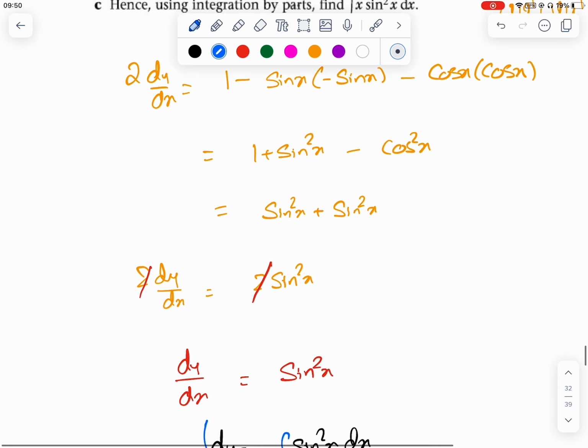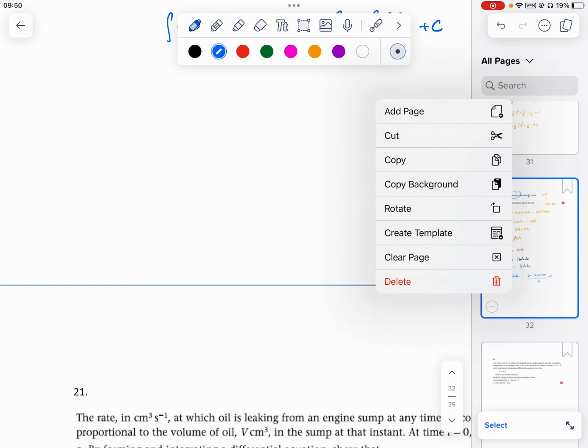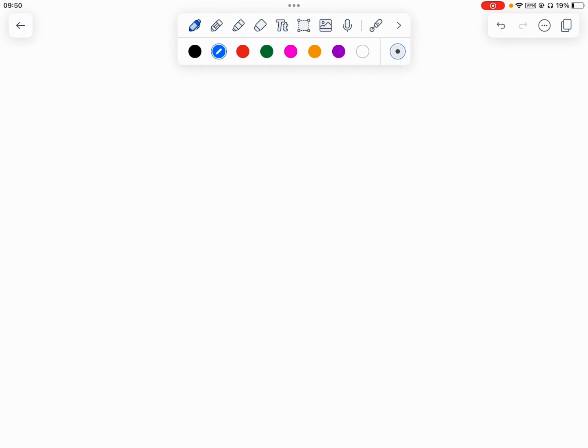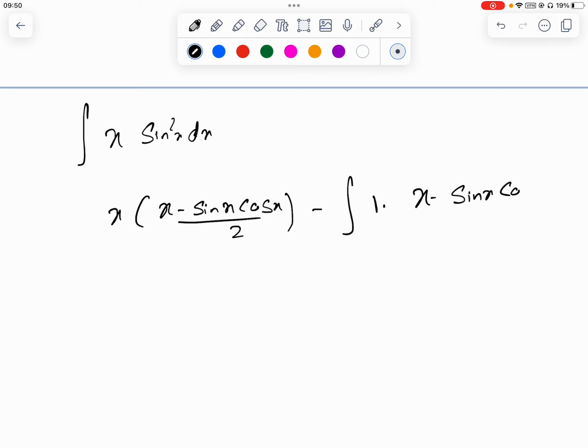Now use integration by parts to find the integral of x sine square x. He's asking us to find it. The integral of x sine square x dx. First function x, second function sine square x. Integral of sine square x dx, what is it? x minus sine x cos x upon 2, minus the integral of the derivative of the first function times the integral of the second function, x minus sine x cos x upon 2, dx.